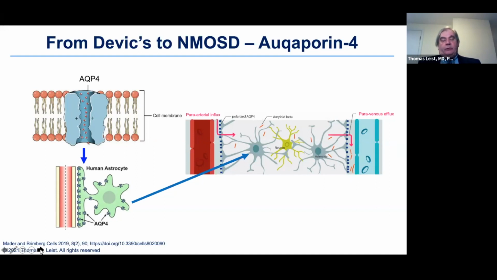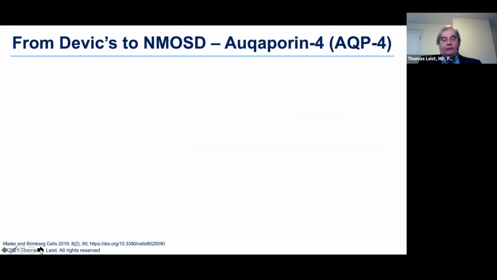And so you now know that this is directed against the surface feature on certain cells in the brain, the astrocytes. As I will much later in the discussion also show you, there are other parts of the body where aquaporin 4 is expressed. And that's then also where it's important when we think about risks or other conditions that could be occurring in a patient with neuromyelitis optica spectrum disorder.